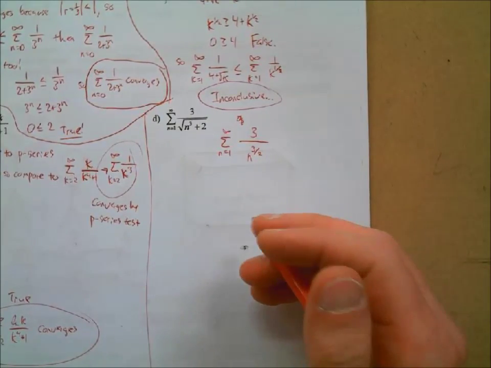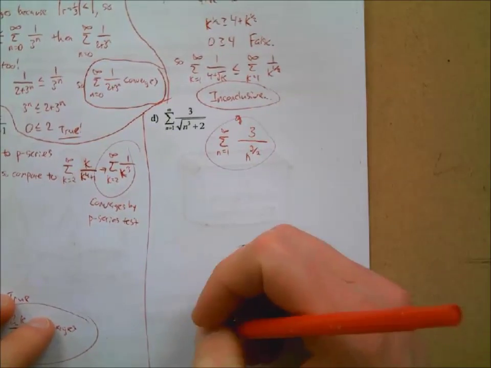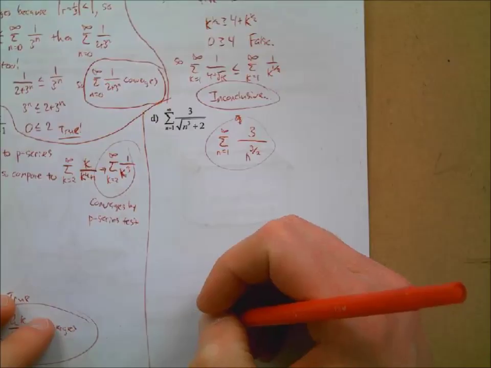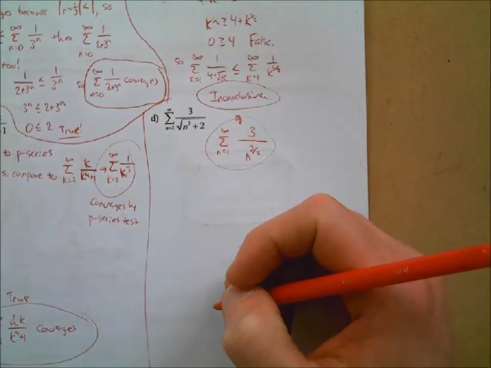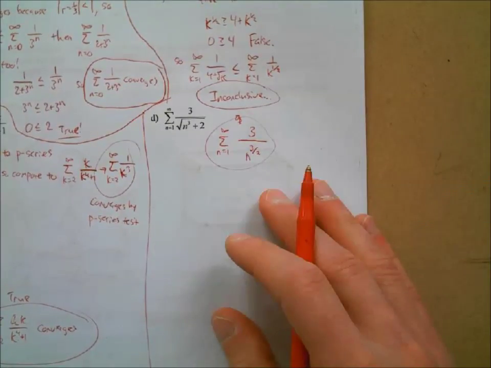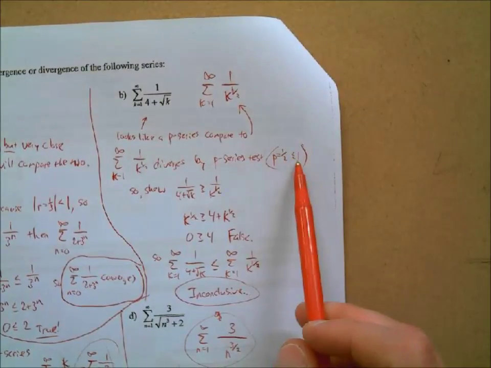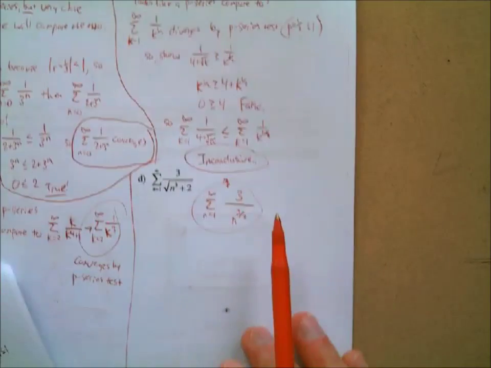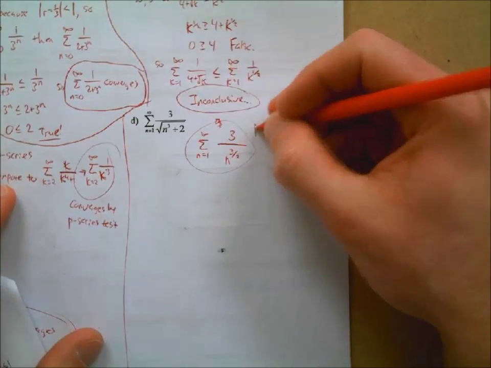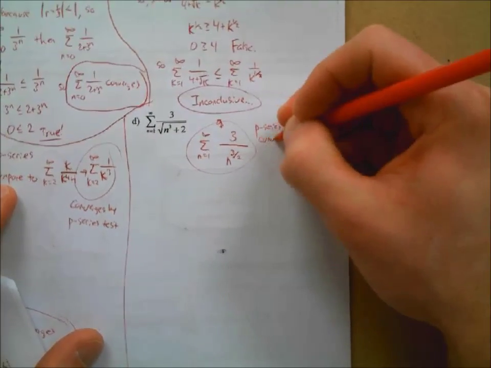Now, what do we know about this P series right here? Right, so P series test. Remember back up here we said it diverged for P equal to 1/2, which is less than or equal to 1. So for P greater than 1, the P series test says it converges.